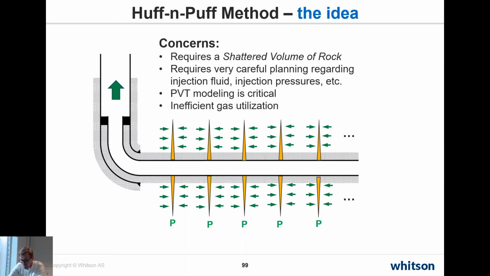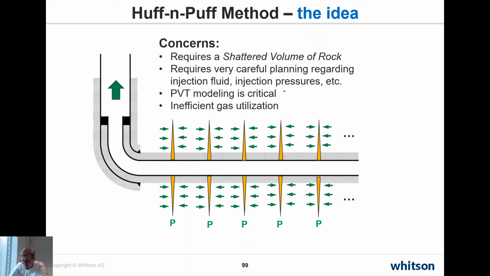Some people maybe call it a stimulated rock volume, which is not in all cases the same, but it has to be surface area that allows for gas to mix in contact with reservoir fluid and oil. It also requires careful planning regarding injection fluid, injection pressures, etc. If you don't know the basic PVT that goes into that, that's the most important thing from a recovery perspective.